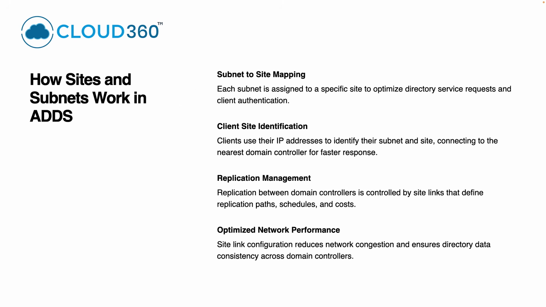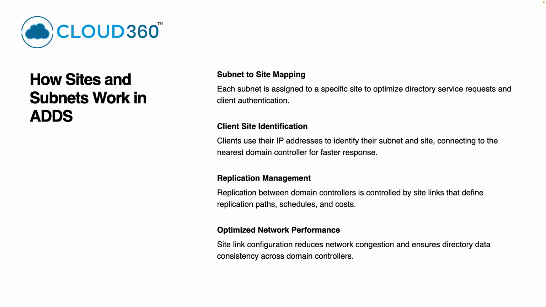Now that we know the requirement of the sites in an Active Directory domain in different geographical locations to operate, let us talk about how the sites and subnets work in Active Directory. The sites and subnets work together to optimize the performance and the reliability of directory services. Each subnet is mapped to a site, and domain controllers are placed within these sites to serve the authentication and directory requests.